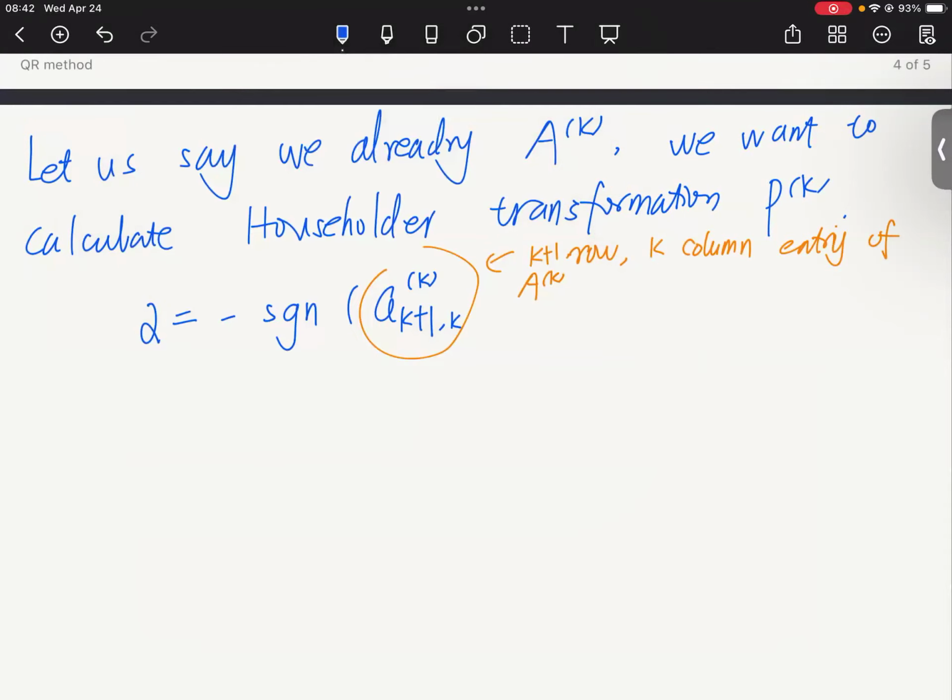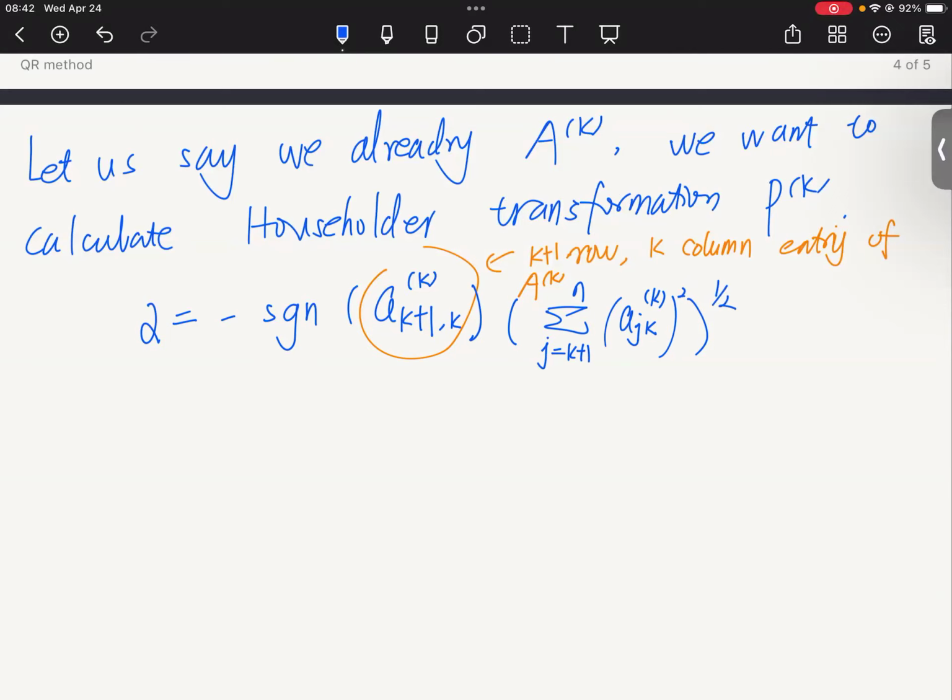And next, you will see the same thing here. We are doing the sigma sum. In the P1, we start from J equals 2, but here this is the AK matrix, and here we are going to start from K plus 1, and then to the end, and then we have AJK, from the AK matrix component, and then do the square and the square root.